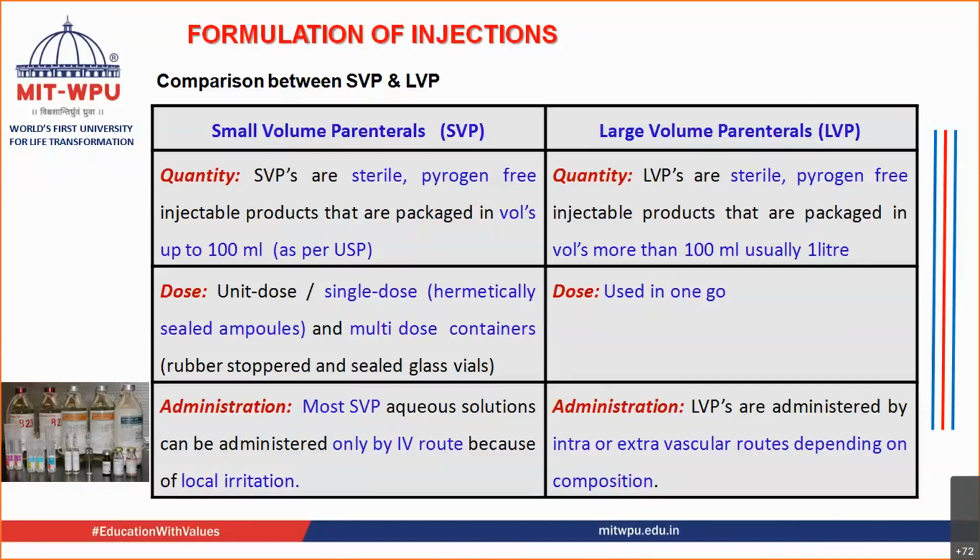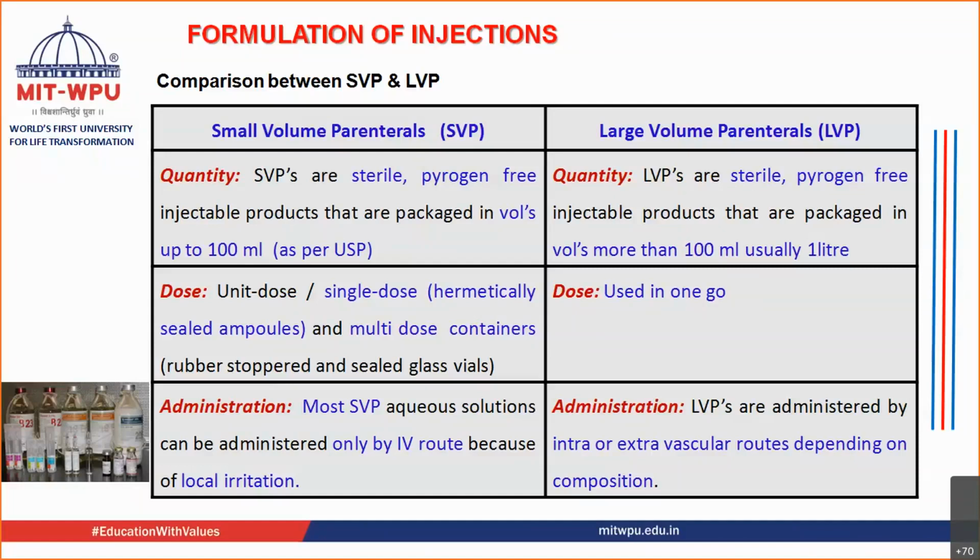If you take SVP, it is packed in volumes of 1 to 100 ml, whereas large volume parenterals are also sterile, also pyrogen free, but they are packed in volumes more than 100 ml, usually up to 1 liter, 1000 ml. So that is the difference between the volume of the SVP and LVP.